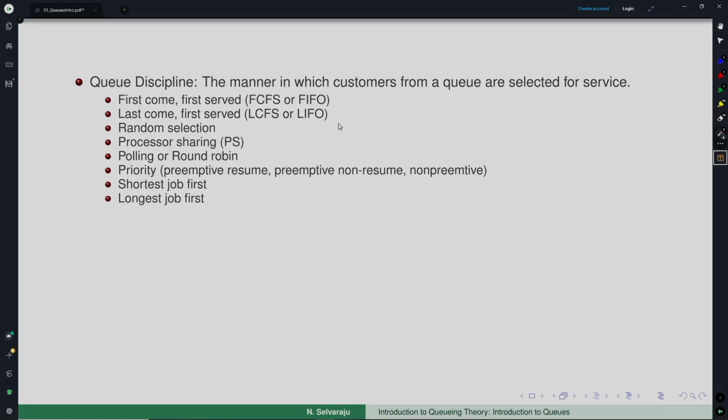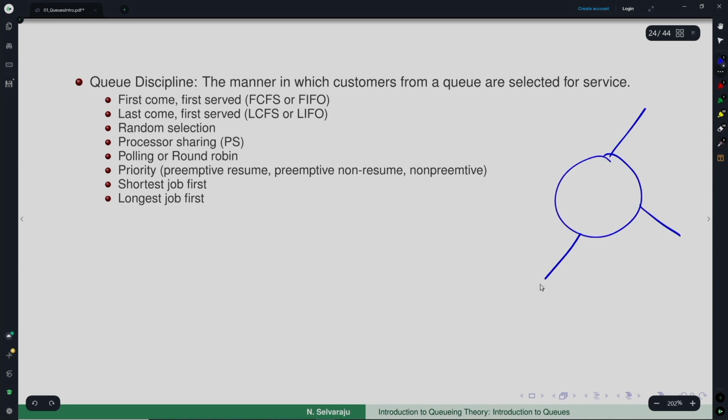phenomena or queuing discipline. Then there are polling or round robin systems, right. So, you have systems like this. There is a queue here, a queue here, a queue here, a queue here, right. What happens here is that the server rotates between these different queues and serves them. It may be one customer.